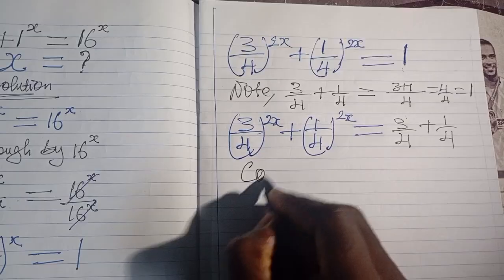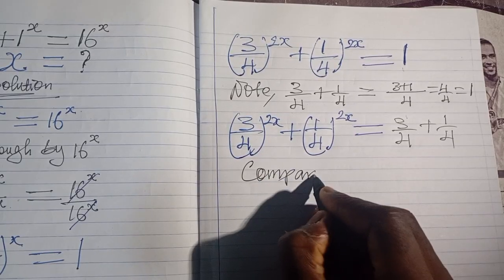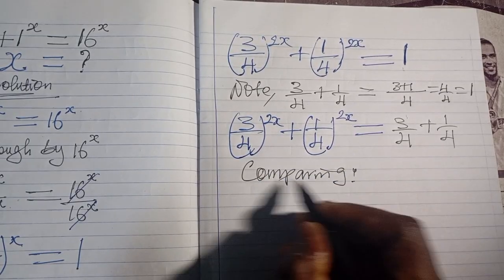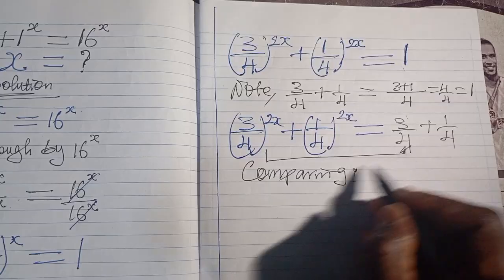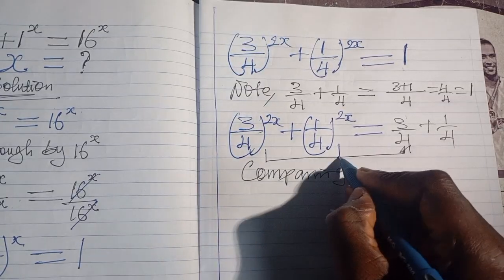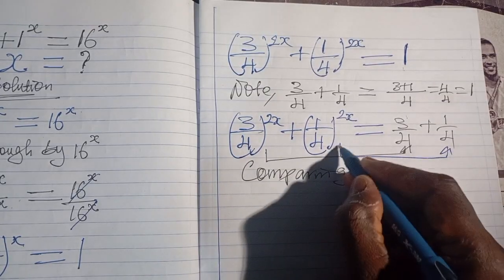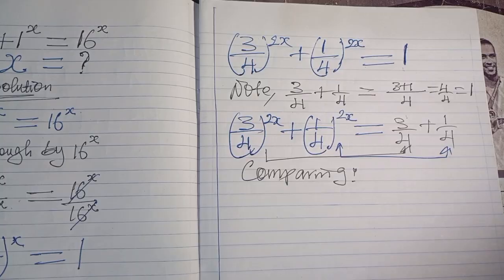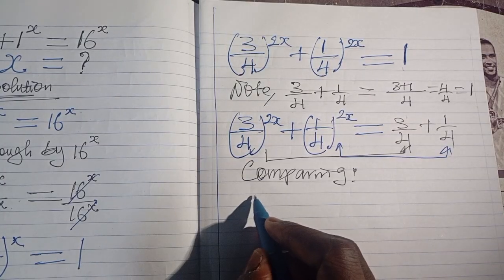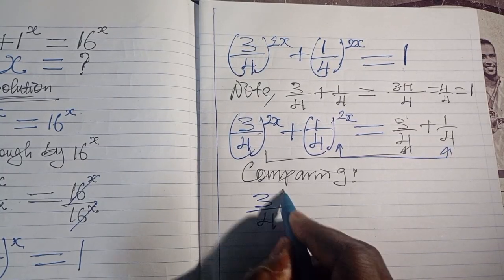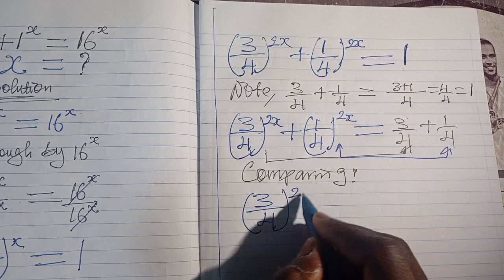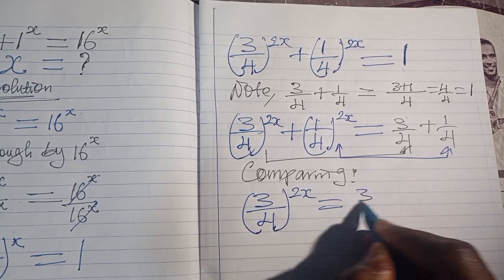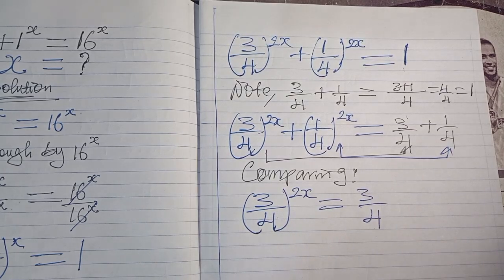Now comparing coefficients. You notice that this one and this are the same, whereas this one and this are the same. So we can now compare and equate (3/4)^(2x) is equal to 3/4. Okay, so they have the same base.